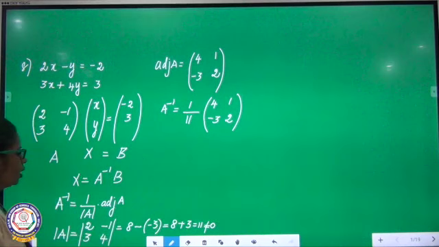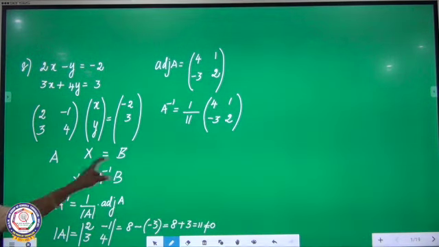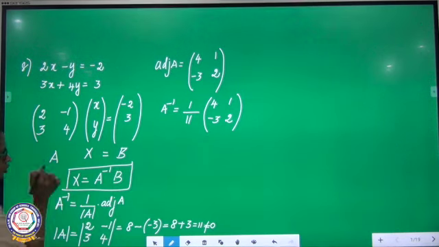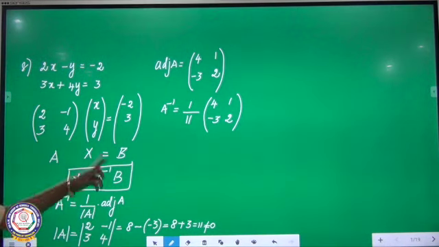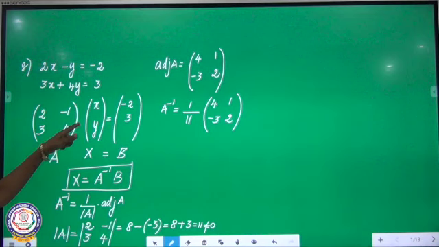But what is our format? X is equal to A inverse B. Here you are having A inverse as a matrix, B is also a matrix. So X is also a matrix. You are going to replace everything in terms of matrix.